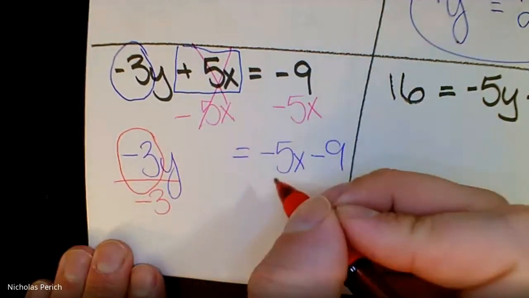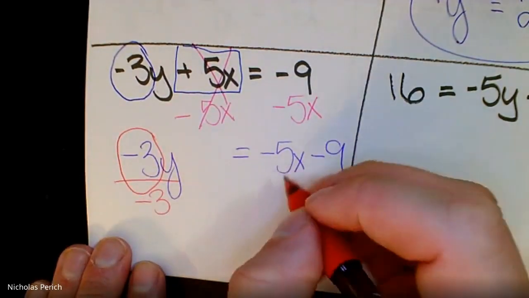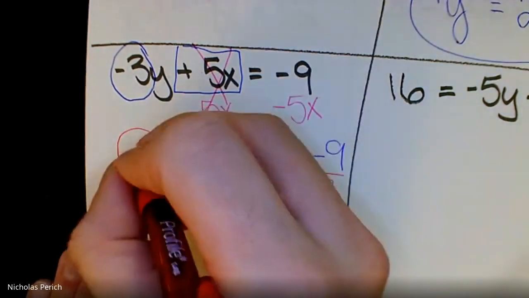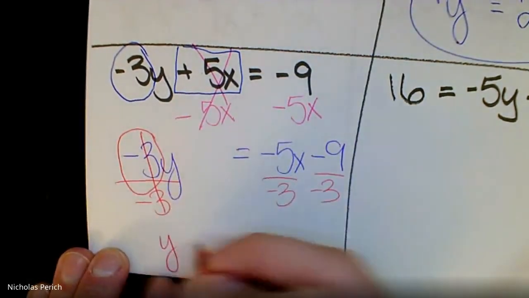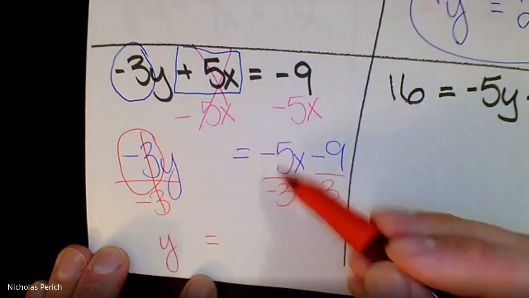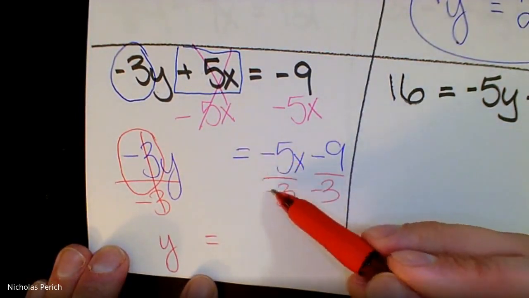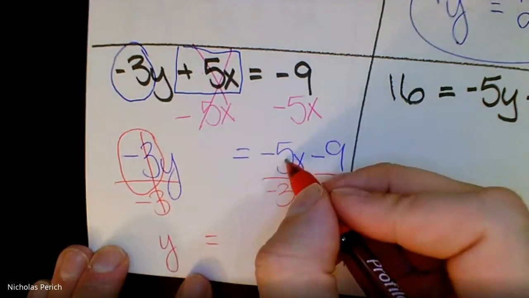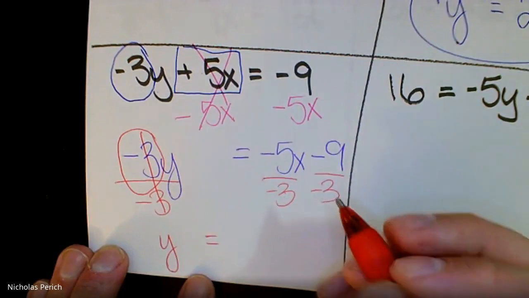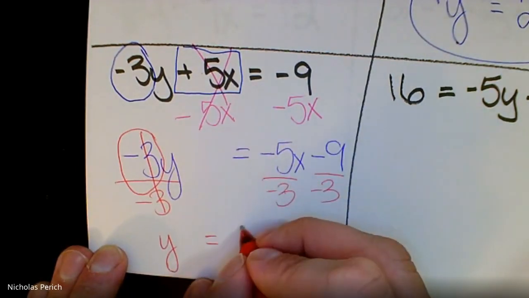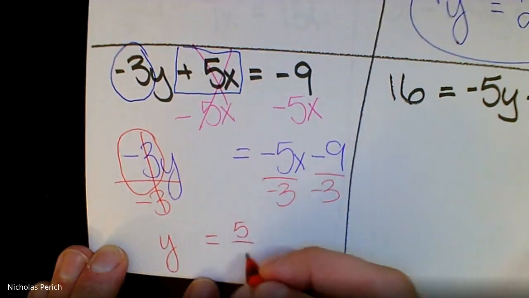Divide. Divide everything. Everything by -3. Oh no, a double negative. Negative divided by negative is a positive, and 5/3 doesn't simplify. So it's -5 over -3 is positive 5/3.